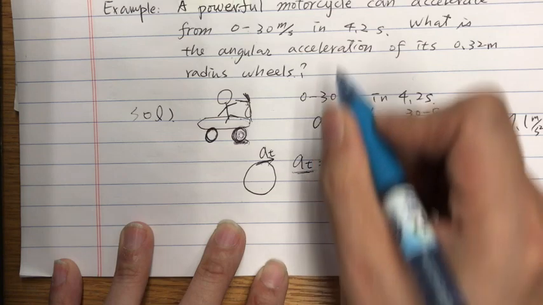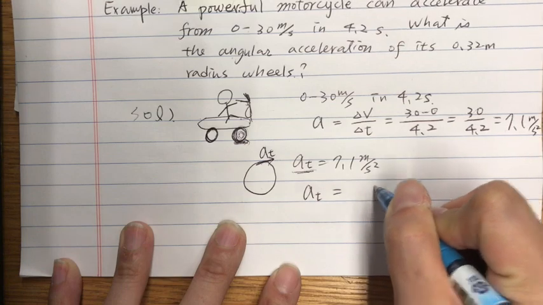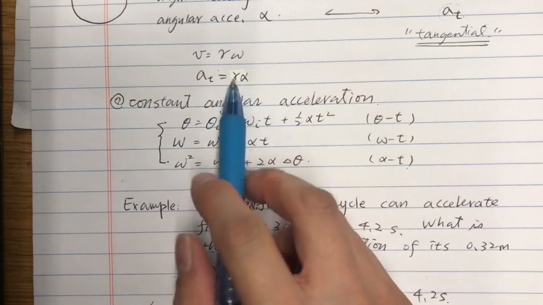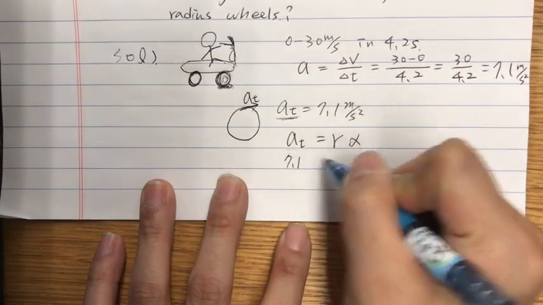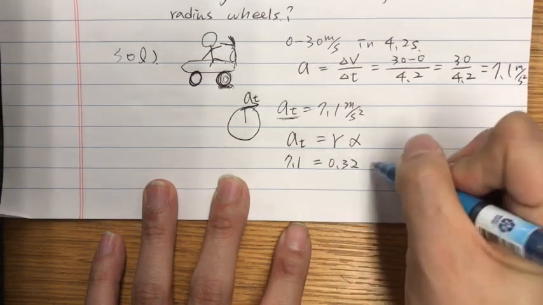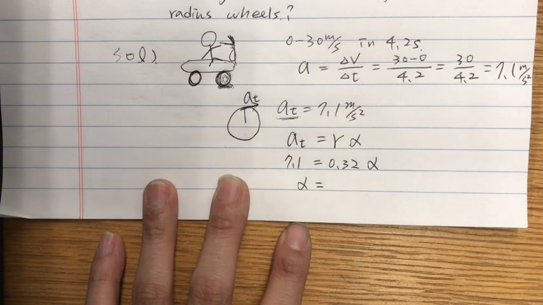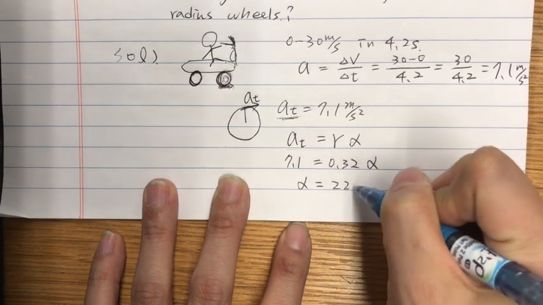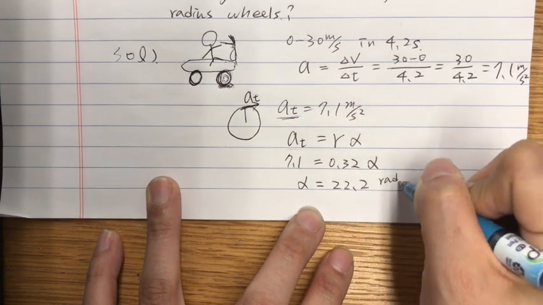Now if I want to find my angular acceleration, I know that the tangential acceleration is related to my angular acceleration with just a factor of r. So this is 7.1, r is this radius, which is 0.32, times alpha. So alpha is 7.1 divided by 0.32, that is 22.2 rad per second squared.